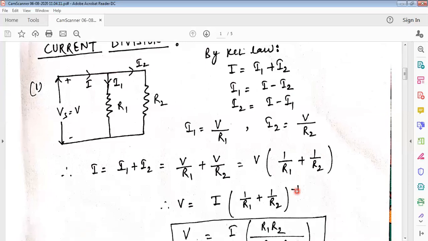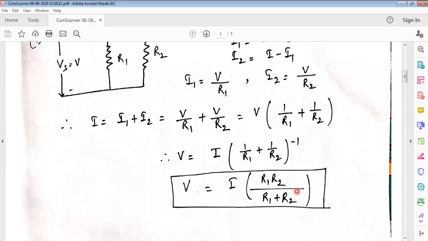Now from here, find the value of the current. Clear? So take this to this side. So the voltage equals current multiplied by the inverse of this term. Clear? So V equals I times this. Now solve this. When you solve this, you will get R1 R2 divided by R1 plus R2.